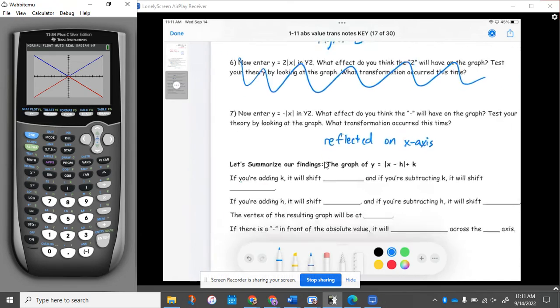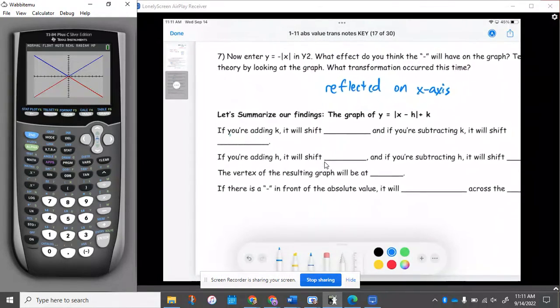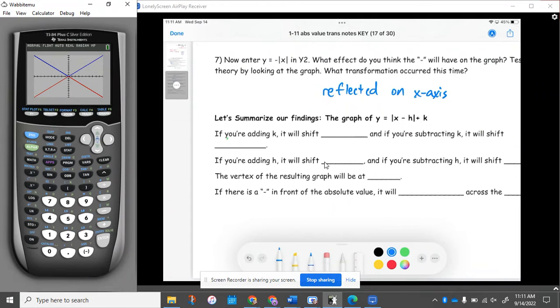So, based on all of this, let's do a quick summary of all of the things that we've talked about so far. We're looking at this example function up here. And if there's nothing else that you're getting out of these notes, this information down here at the bottom, this is the important stuff. Using this example function right up here, if you're adding k, and we can see that k is this little thing located right there.